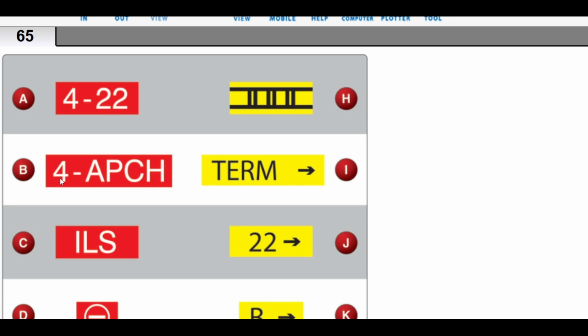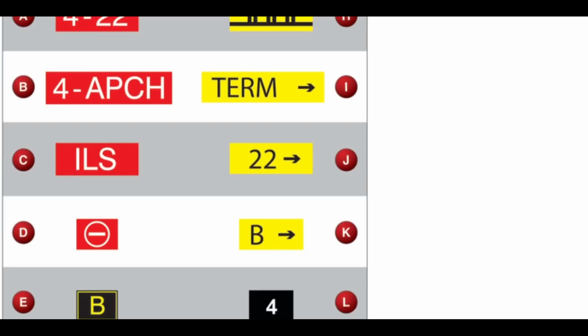I see runway 4, direction to a taxiway. That's good. C shows an ILS runway or an ILS area. D is an authorized area where aircraft are not allowed to pass that specified area.